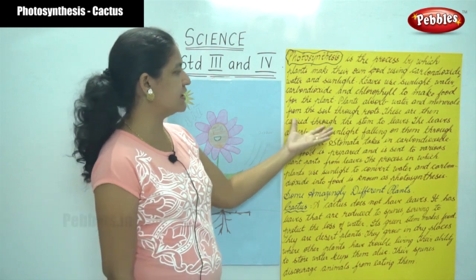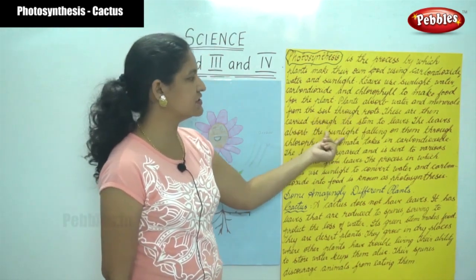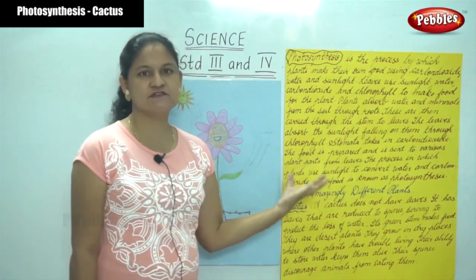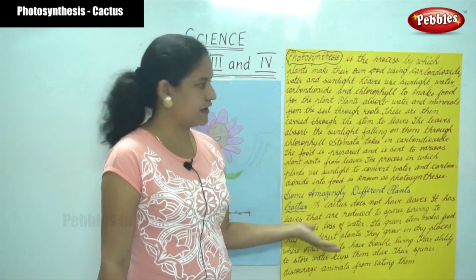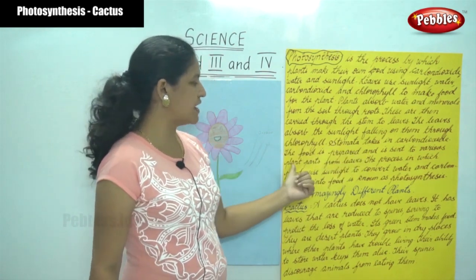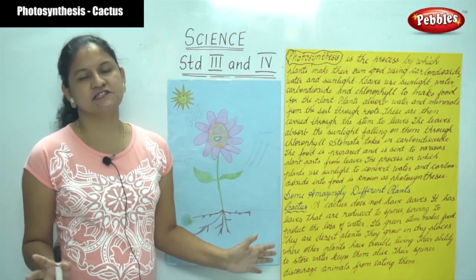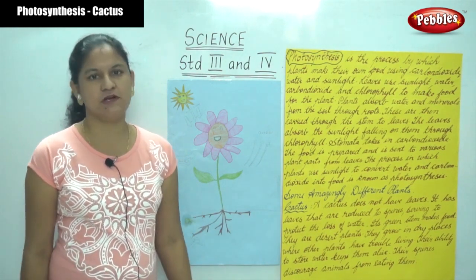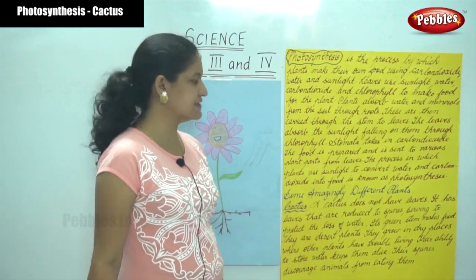Plants absorb water and minerals from the soil through roots. These are then carried through the stem to the leaves. The leaves absorb the sunlight falling on them through chlorophyll, and stomata take in carbon dioxide. The food is prepared and is then distributed to the different parts of the plant. So this is the process of photosynthesis.